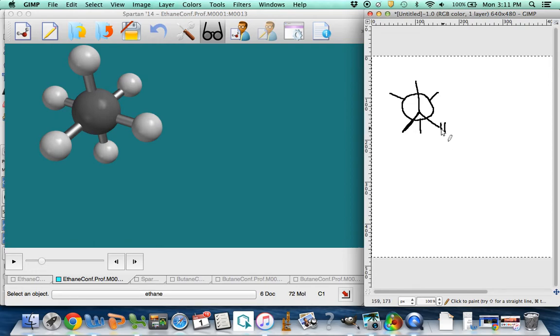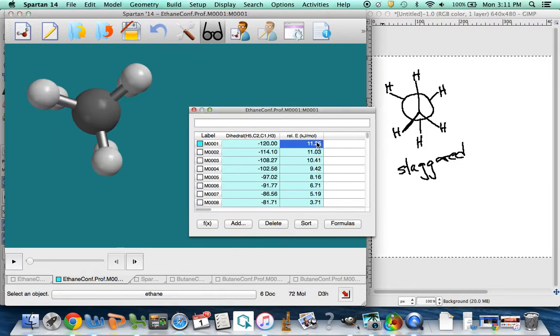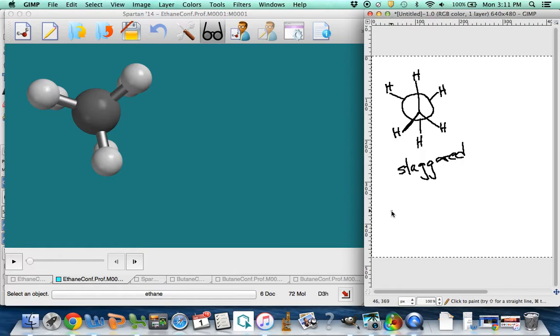Now for ethane, all of these positions here are hydrogens, and we called this again a staggered conformation. If we look at the high energy, again, we can represent that with a Newman projection.